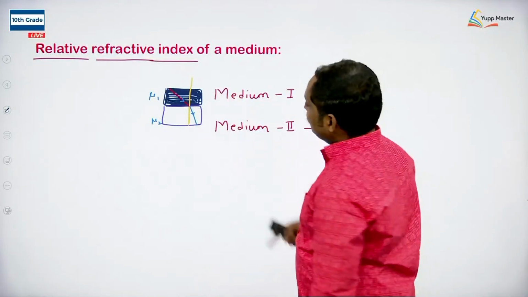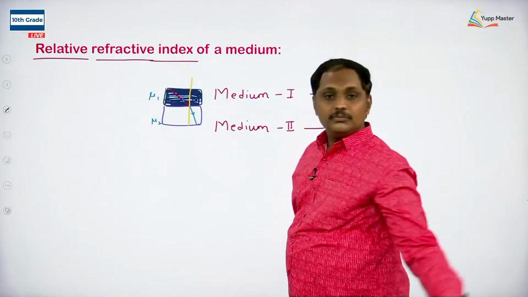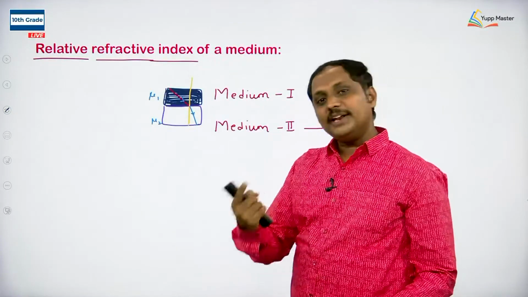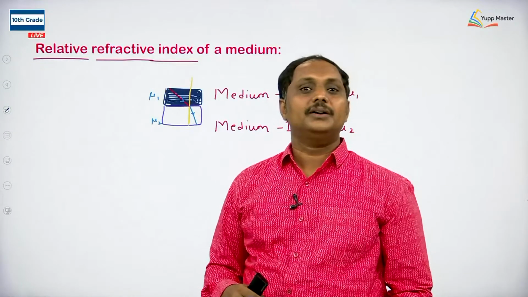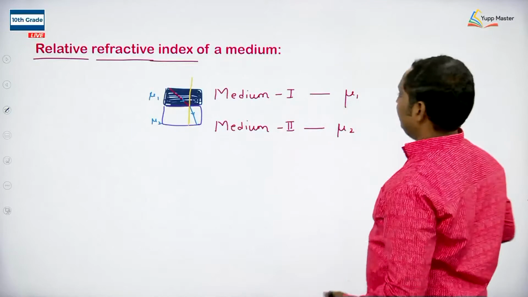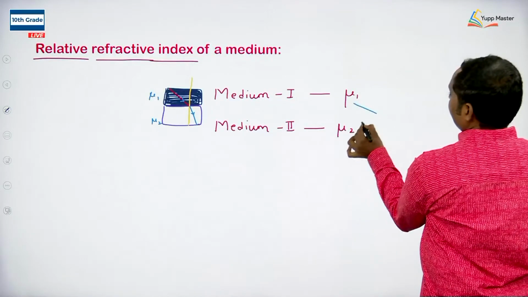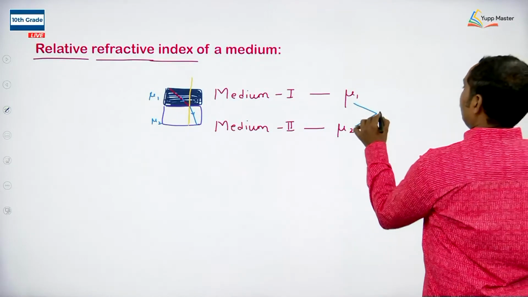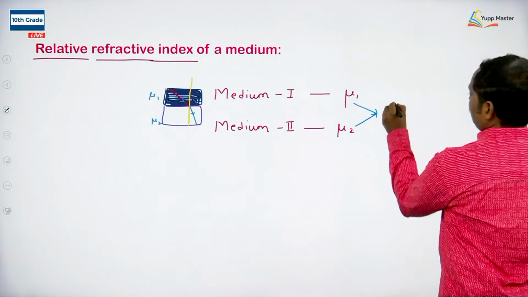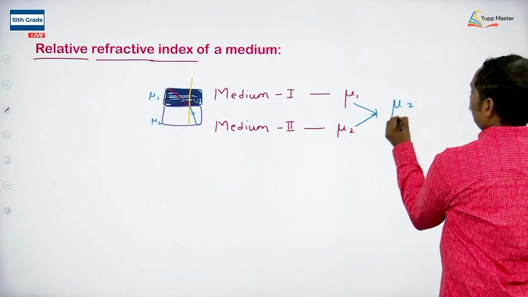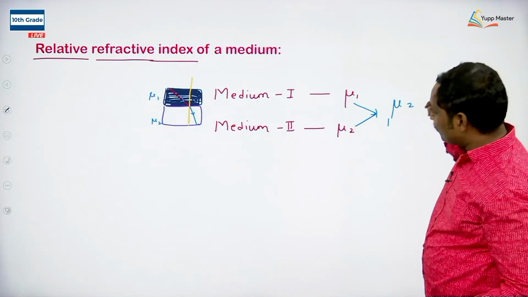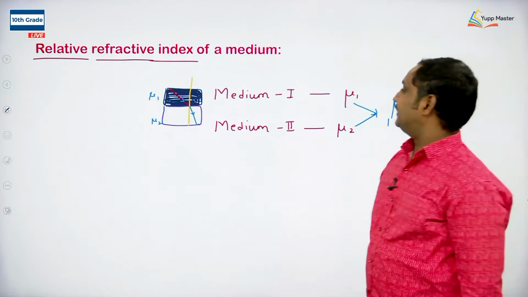If you take the reverse case also, light enters from the second medium to the first medium, then you can express the refractive index of the first medium with respect to the second medium. It is very clear. Now, one parameter, mu 2 1, is the refractive index of the second medium with respect to the first one.